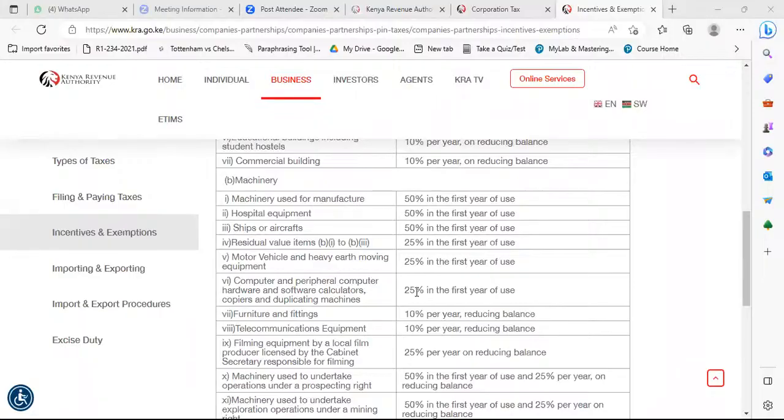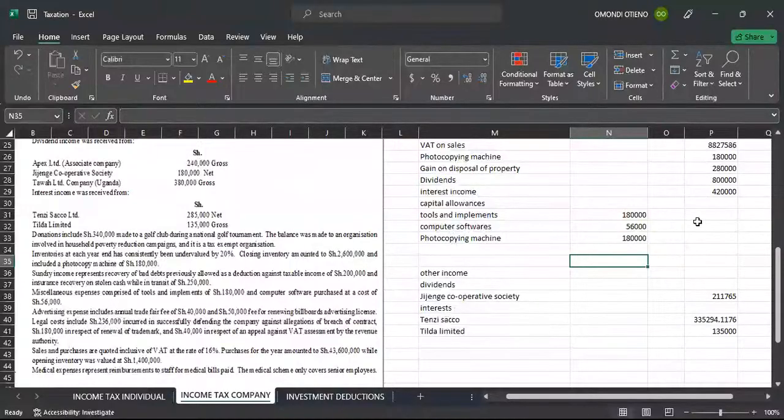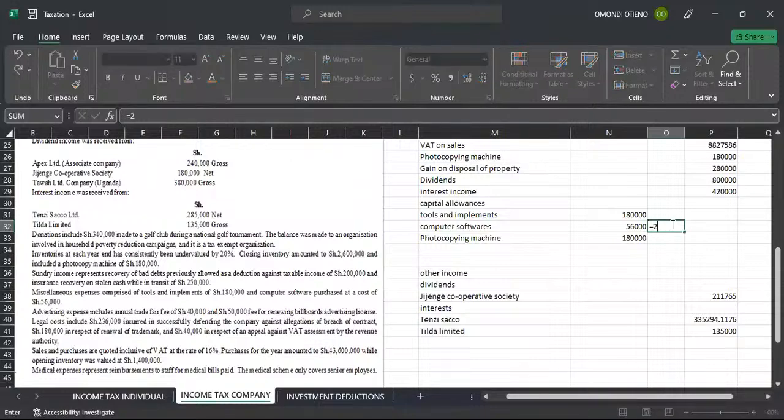So it means when you now get to that particular question here, we've seen that computer software, whatever we are going to deduct, which is allowed as capital allowance is 25% of the value of the computer software.